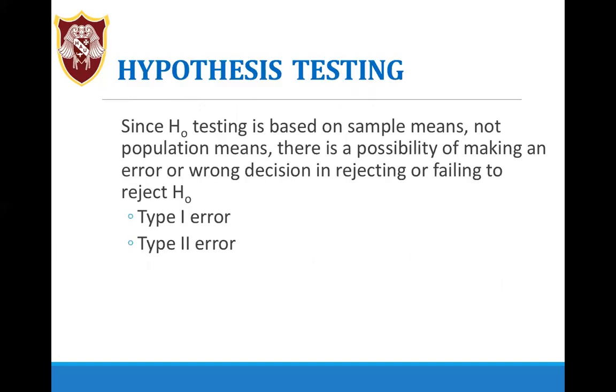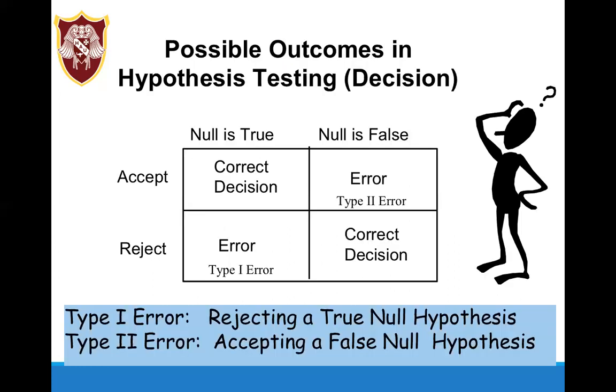Since null hypothesis testing is based on sample means and not the population means, there is a possibility of making an error or wrong decision in rejecting or failing to reject the null hypothesis. These two types of errors are known as type 1 error and type 2 error. Type 1 error is when we reject a true null hypothesis, and type 2 error is accepting a false null hypothesis.